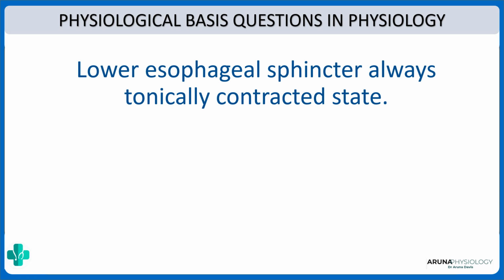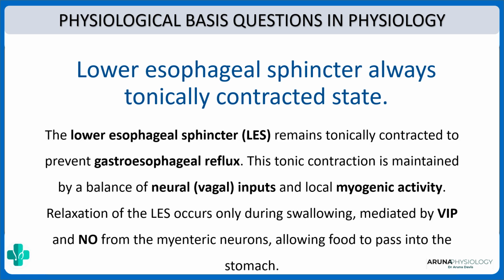A next important question is, why is the lower esophageal sphincter always in a tonically contracted state? See, we know that in order to prevent gastroesophageal reflux, the lower esophageal sphincter always has to remain in a contracted state. Now, how does that occur? That is because we have neural inputs from the vagus nerve as well as local myogenic activity that always maintain it in a contracted state.